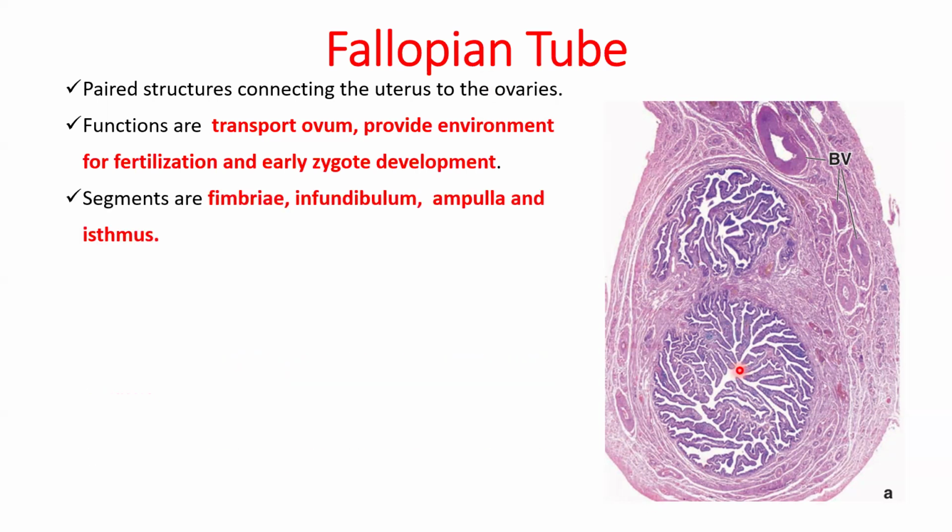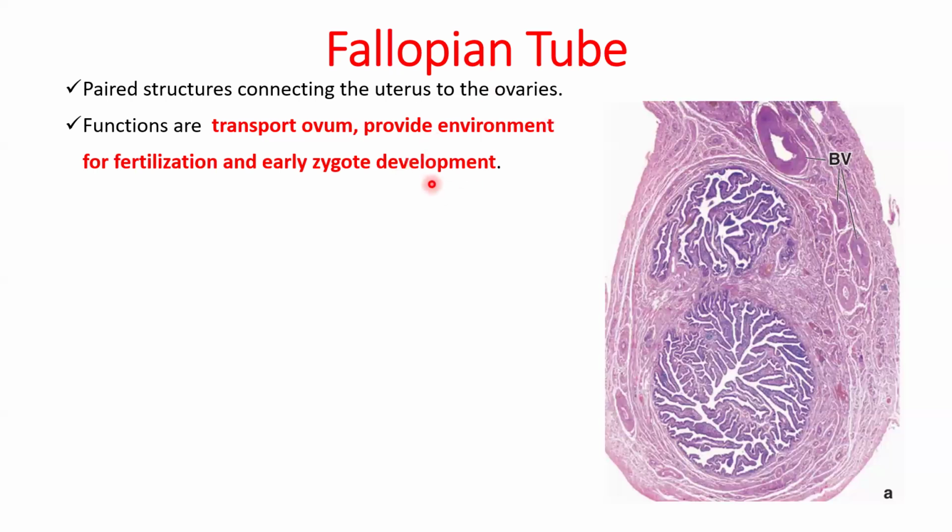Given that it connects the ovaries to the uterus, its functions will be majorly to transport the ovum. And then it provides the environment for fertilization. Remember, fertilization happens in the fallopian tube. And then it also allows early zygote development.